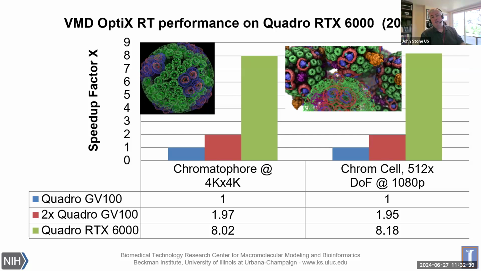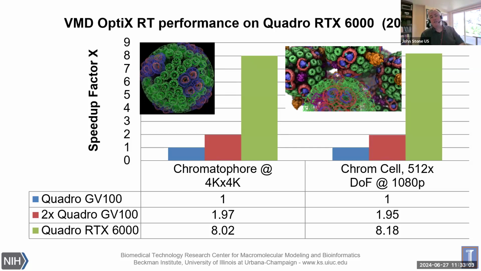And if you add this on top of all the stuff that I described earlier, this allows us to make visualizations of scenes that would have billions of atoms, even interactively, on state-of-the-art hardware. So this is a slide I made several years ago, so it isn't state-of-the-art hardware, but just to give you an example, there we have a Volta generation Quadro compared to one of the earliest hardware accelerated ray tracing GPUs, and there's a factor of 8 performance.